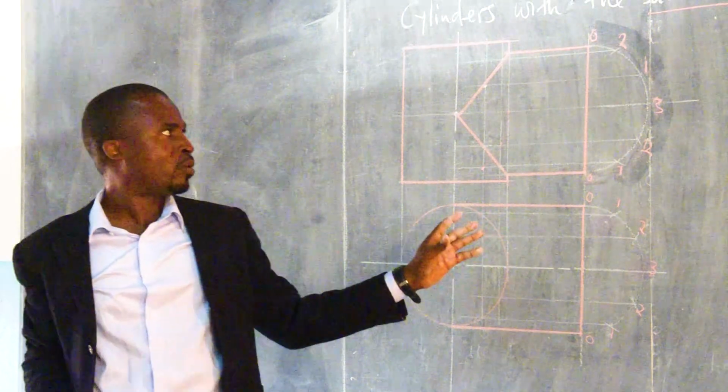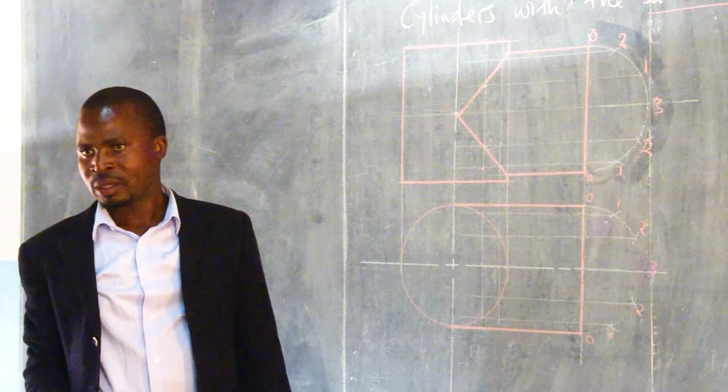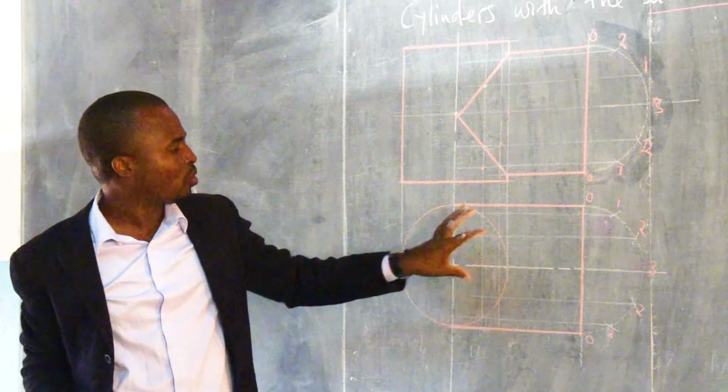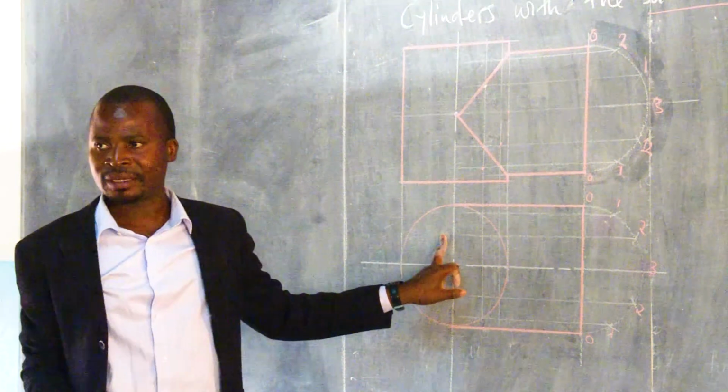Now here we are constructing cylinders with the same diameter, meaning the diameter for this one is equal to the diameter of this one. There are two cylinders, this cylinder and this cylinder.